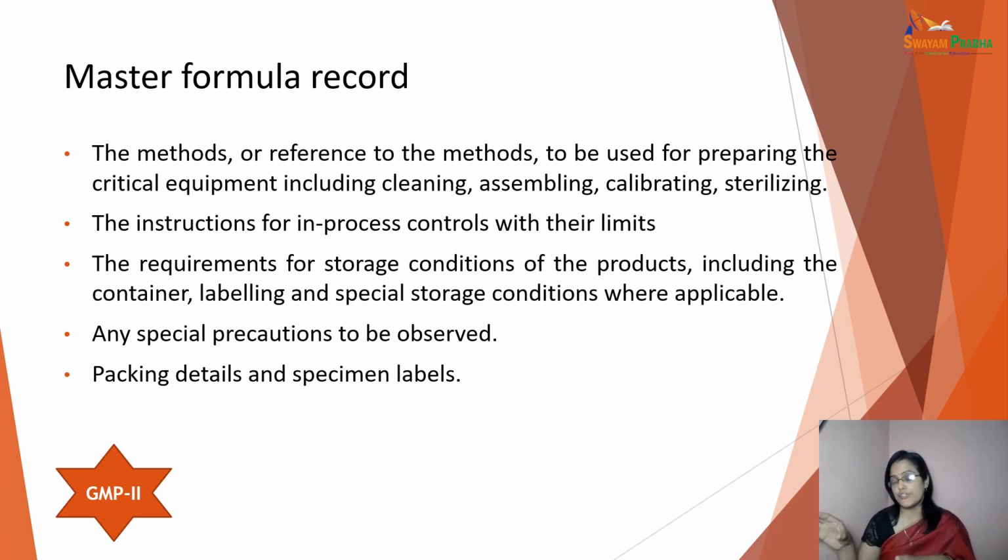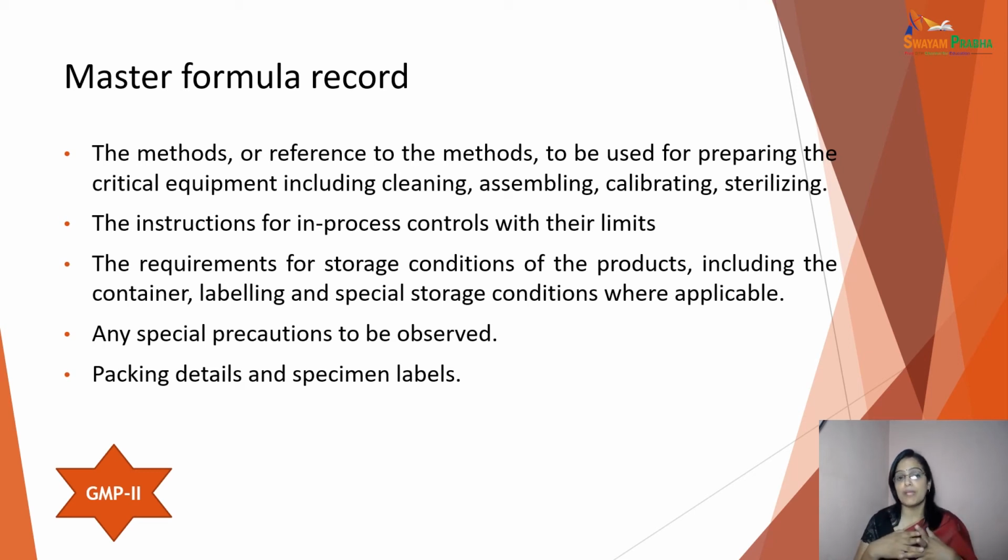limits are also mentioned. So if any manufacturing chemist follows that step, he should have the limit within which the product should lie for qualification. Next is the requirement of storage conditions of the product, including container, labeling, and special storage conditions wherever applicable.